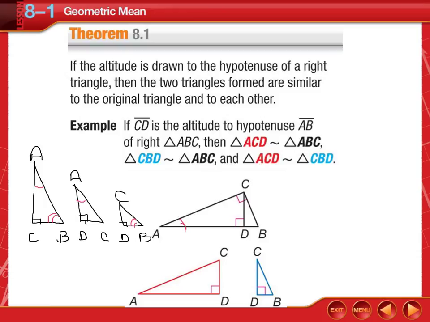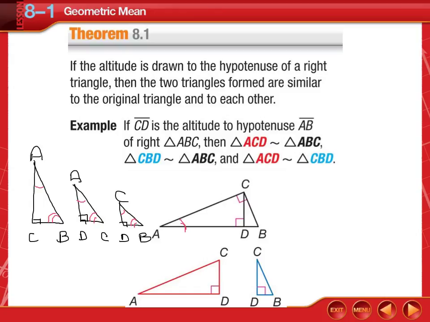So hopefully by now you're starting to see that we've got two pairs here, a single arc and the right angle, a single arc and the right angle here. So by third angle theorem, this angle here has got to be congruent. And likewise over here we've got the right angle and the double arc. So by third angle theorem, this angle has to be congruent.